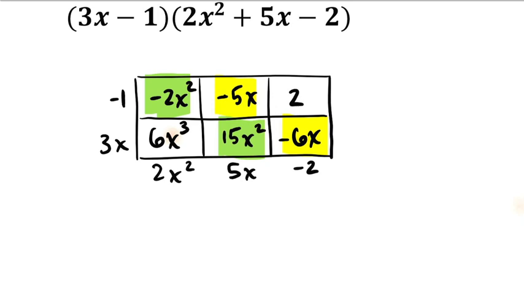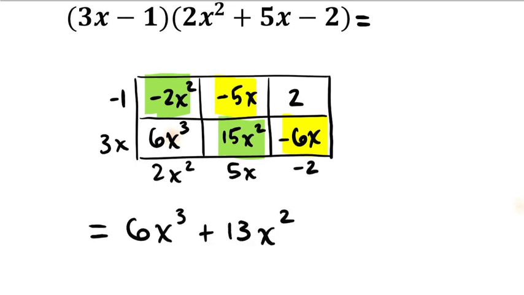So the final answer here is that this product is equal to 6x cubed, and then I'm going to write plus 13x squared. Now, what are those? That's the part that I've highlighted in green, right?